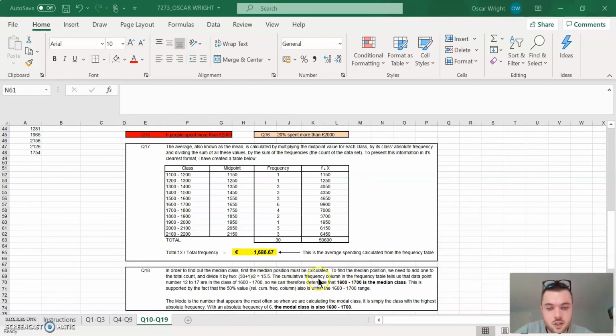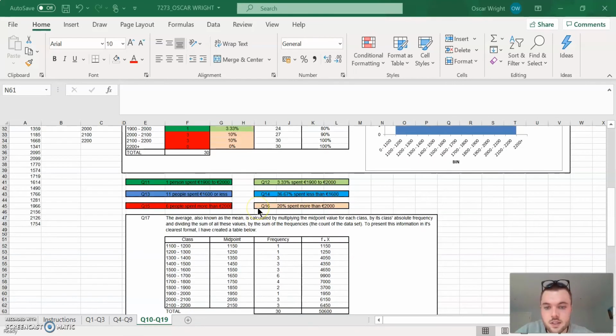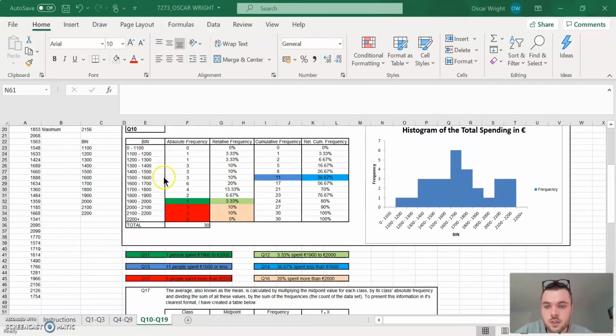The cumulative frequency column in the frequency table tells us that the data points number 12 to 17 are in the class of 1600 to 1700, so we can therefore determine that 1600 to 1700 is the median class. Okay, so what this means is, if we scroll back up to the table, we're looking for position number 15.5.